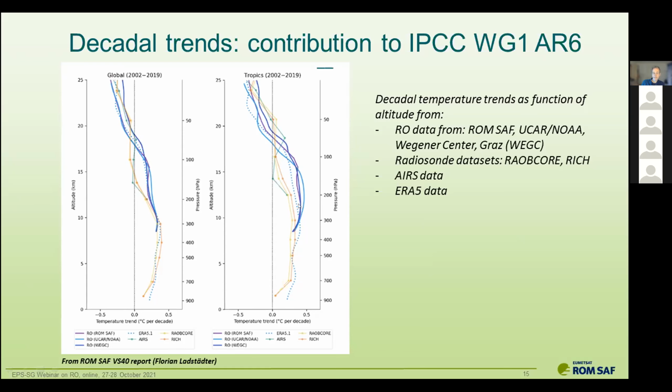And as we can see, there is a certain discrepancy, particularly in the upper part of the tropical troposphere, where we can make use of the higher vertical resolution of our data.